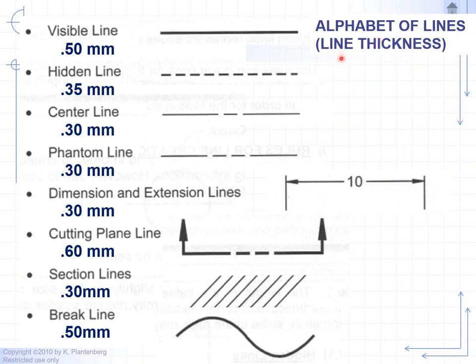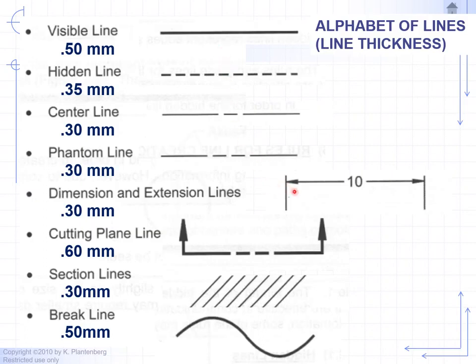So let's take a look at line thicknesses or line weights. Okay, so visible line, object line is 0.50 to 0.60 millimeters in thickness. And as you can see, hidden lines, center lines, phantom lines, dimension, and extension lines are about 0.30 to 0.35 millimeters in thickness.